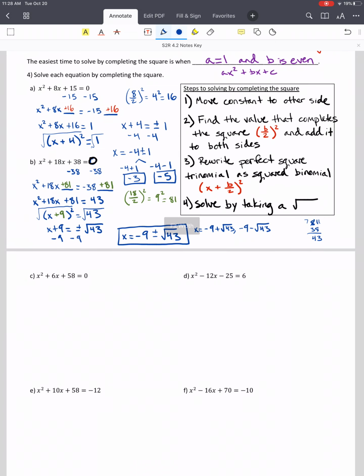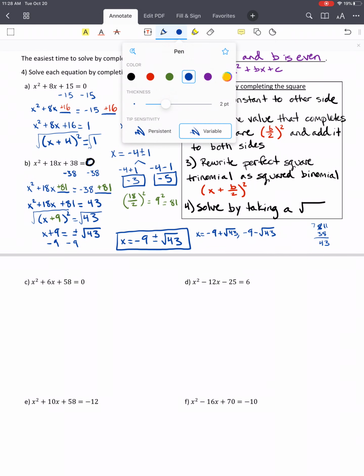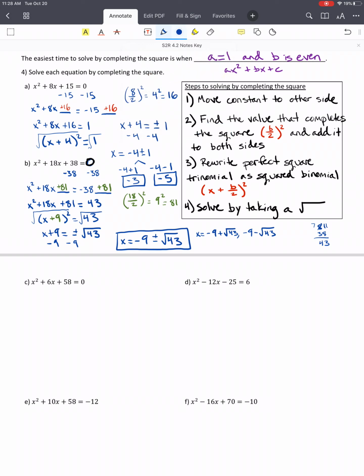Okay, we're just going to keep doing this until we feel comfortable. Maybe just 2 more examples. Part C, step 1, move the constant to the other side. x squared plus 6x. Oh, that should be a 58.